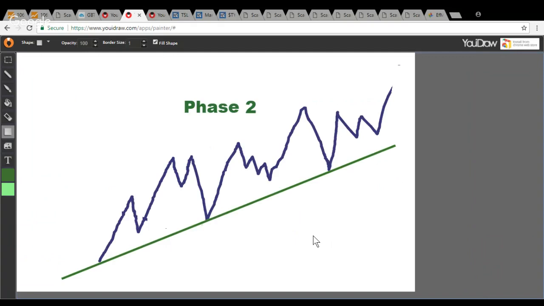And the question that was asked is, if it breaks, does that mean it's going to start a new hyperwave back at phase 1? And the answer is absolutely not. If phase 2 breaks at any point on a weekly closing basis, there is no hyperwave.